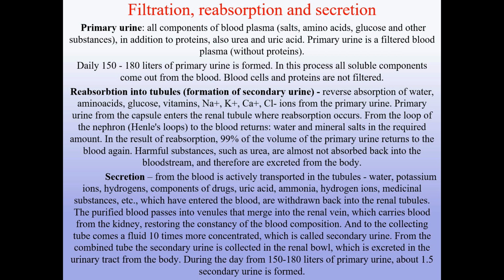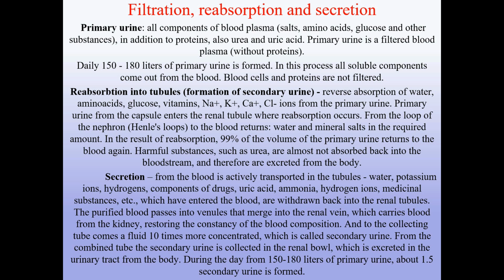Reabsorption into tubules, formation of secondary urine. Reverse absorption of water, amino acids, glucose, vitamins, sodium, potassium, calcium, and chloride ions from the primary urine. Primary urine from the capsule enters the renal tubule where reabsorption occurs.